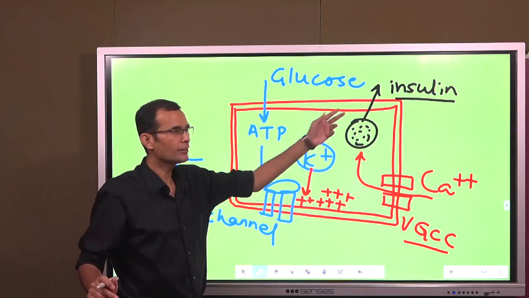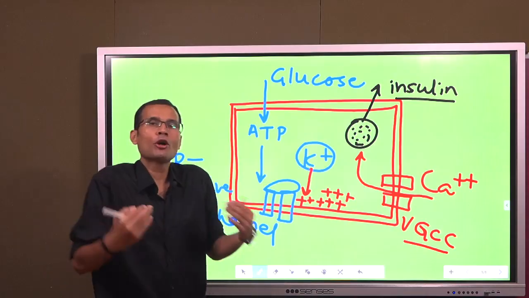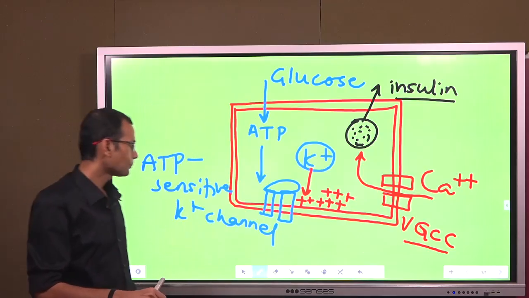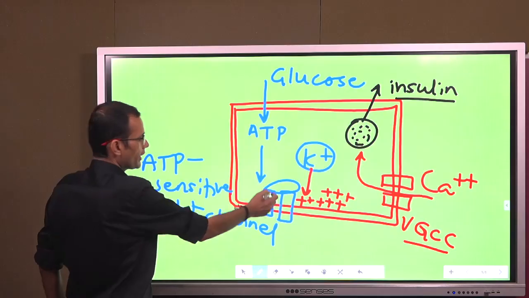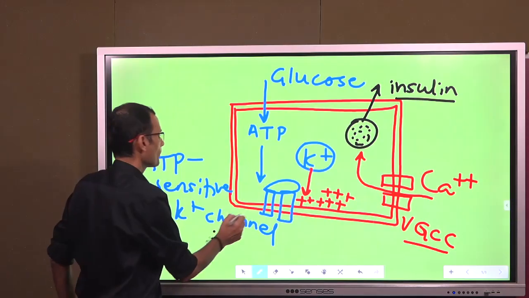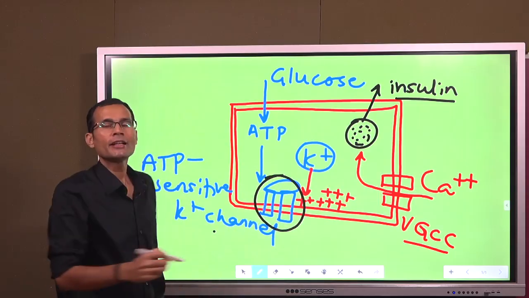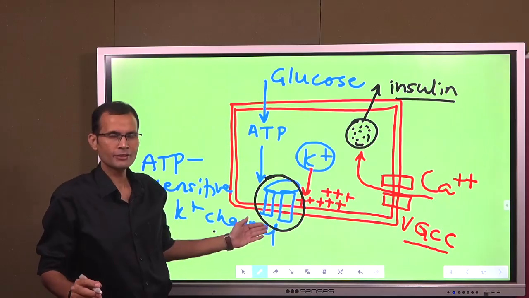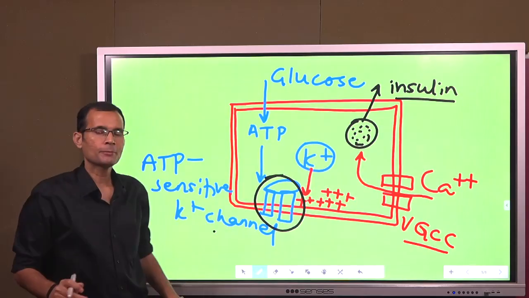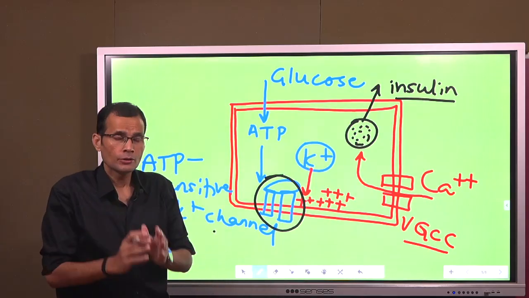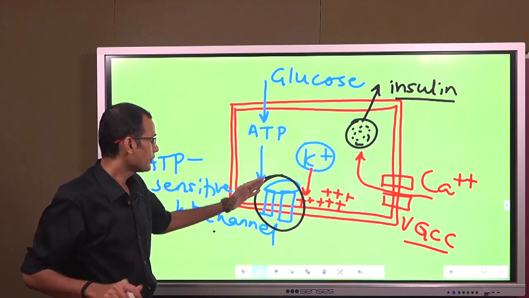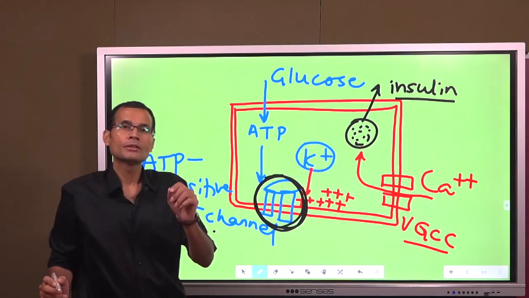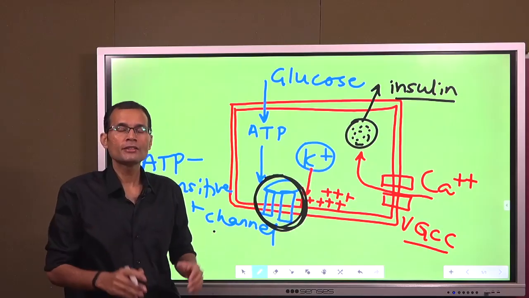I am deliberately going in reverse to put the logic behind these events, why the sequence occurs in such a manner. And who generated those ATPs inside the cell? The plasma glucose. It entered the cell and generated those ATPs. The drugs that target this particular protein, the ATP sensitive potassium channel, will be called insulin secretagogues.